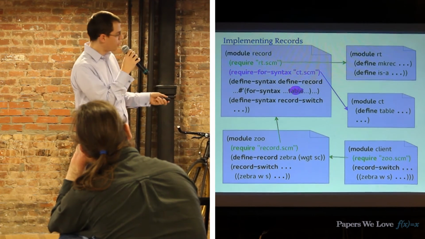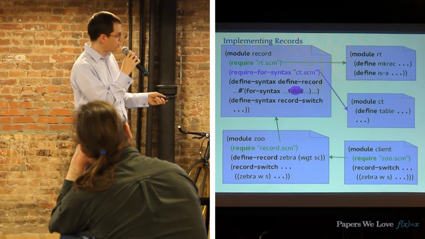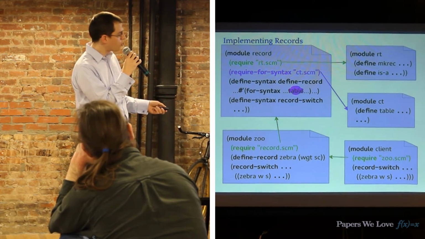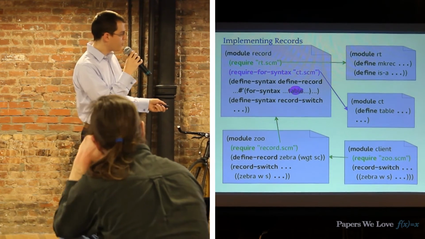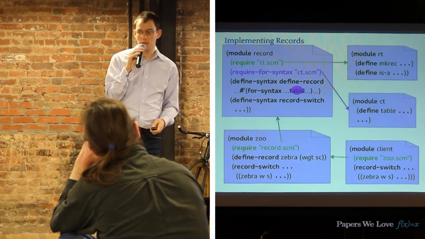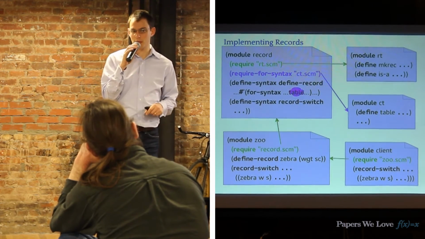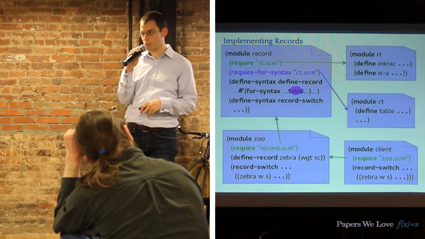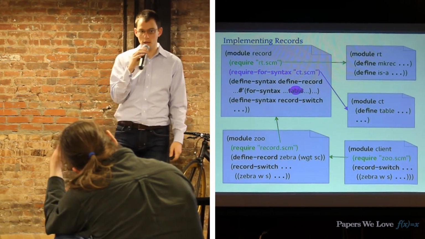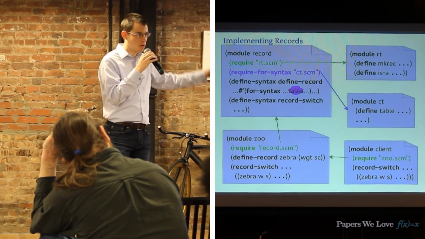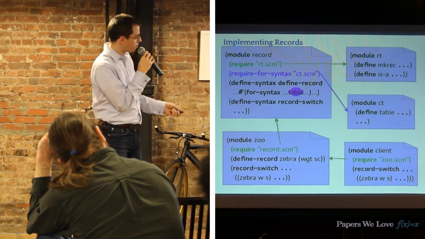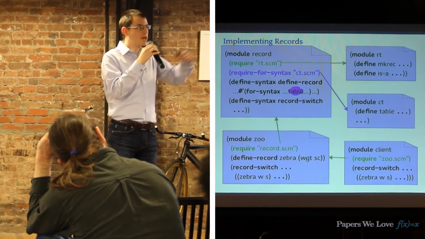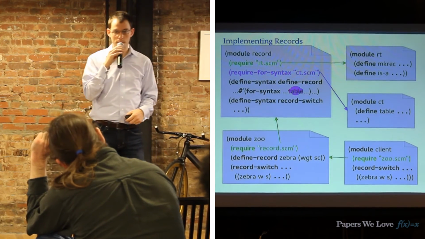That's going to be put into the zoo module, and it's going to say at expansion time, whenever you load this module, even if you've already expanded the define record, run this little bit of code. And the little bit of code that's going to run is going to put zebra in the table. So every time we throw away the state, we're going to load the little bits of force syntax information in all of these modules, and we're going to recreate the correct state of the table.